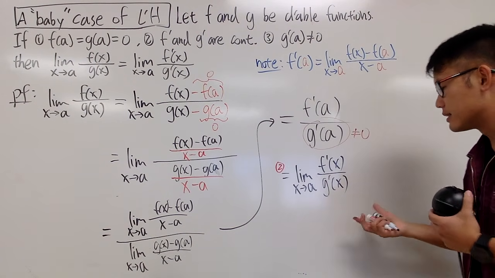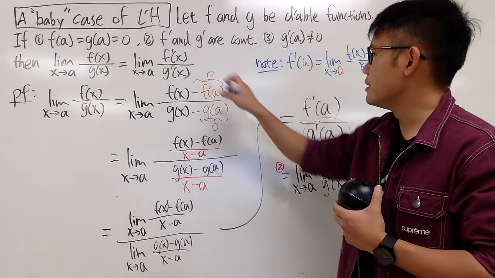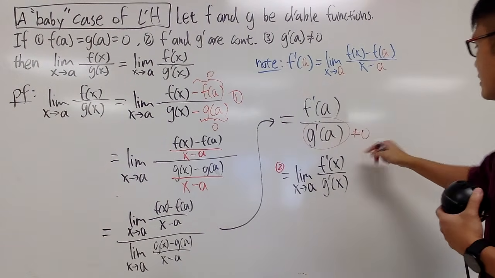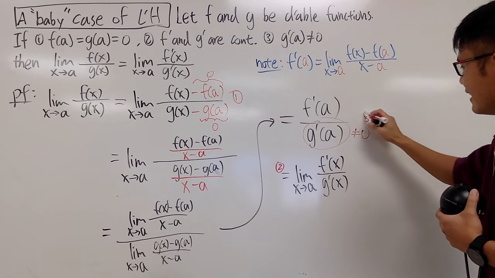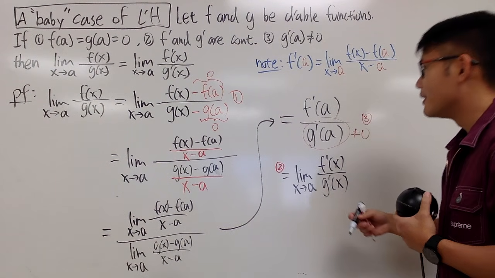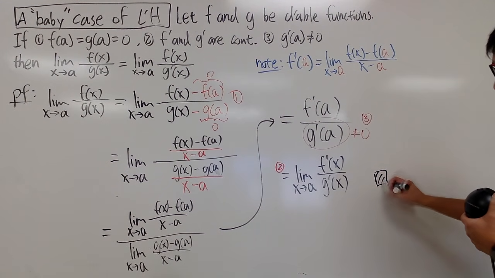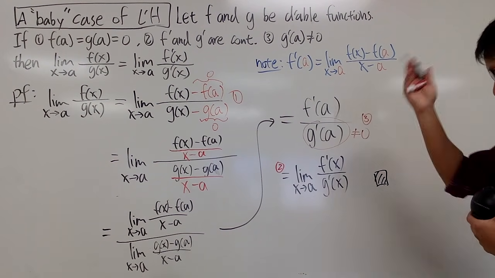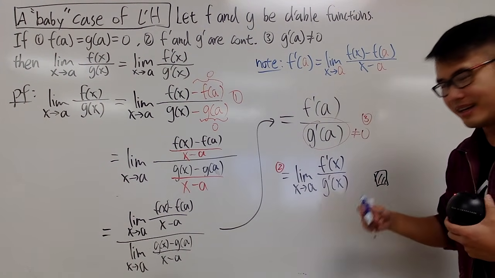That's what makes a continuous function. So you see, we are using condition 1 right here, and this is technically condition 3, and then this is condition 2. And then we are done. This is just a baby proof. Of course, this is also for the baby situation. So we're done. Put a box and shade it in.